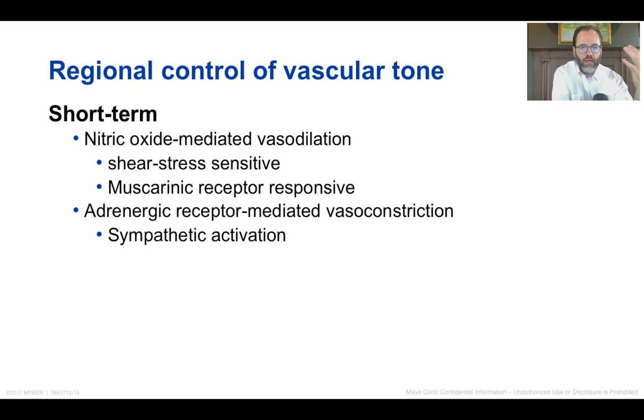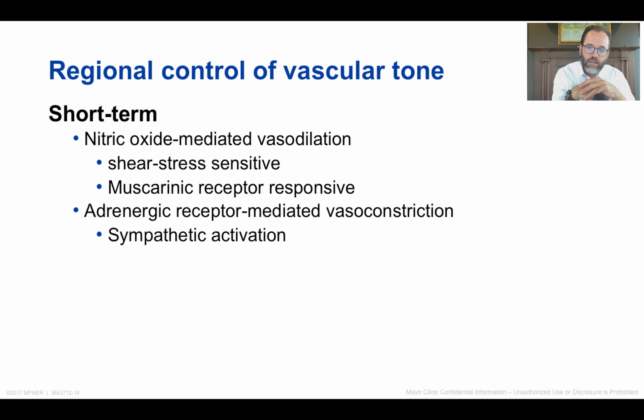As shear stress increases, there's an increase in nitric oxide production that results in vascular relaxation. It is also sensitive to changes in muscarinic receptor activation. So you can provide exogenous acetylcholine, and that can result in significant release of nitric oxide and subsequent vascular relaxation. And we frequently do that in my laboratory.